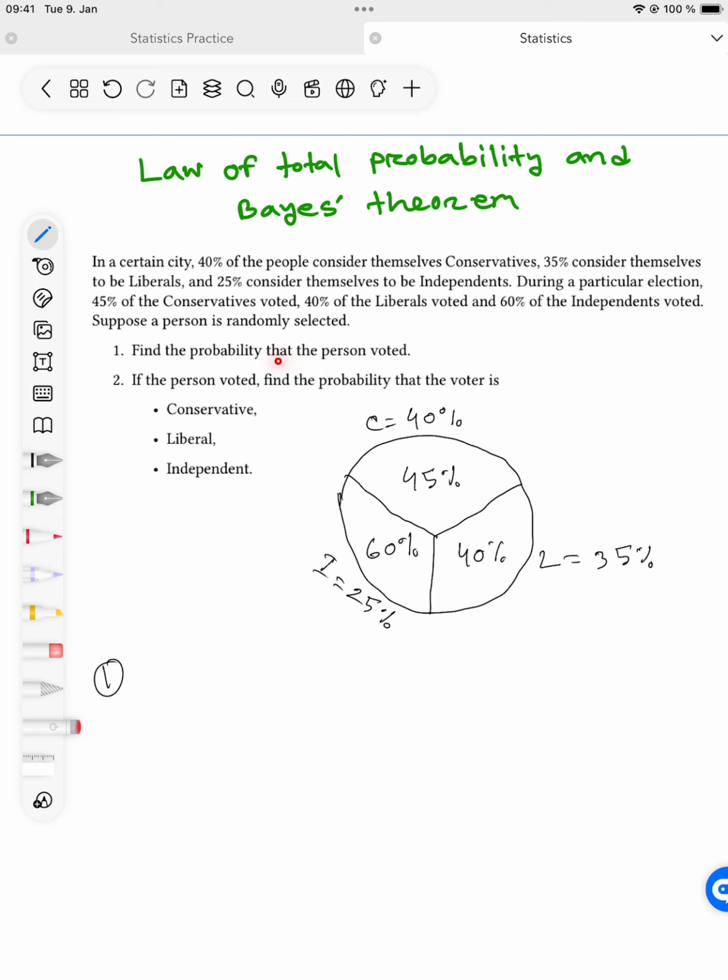For this problem, we have to use the law of total probability. So let's check it out.